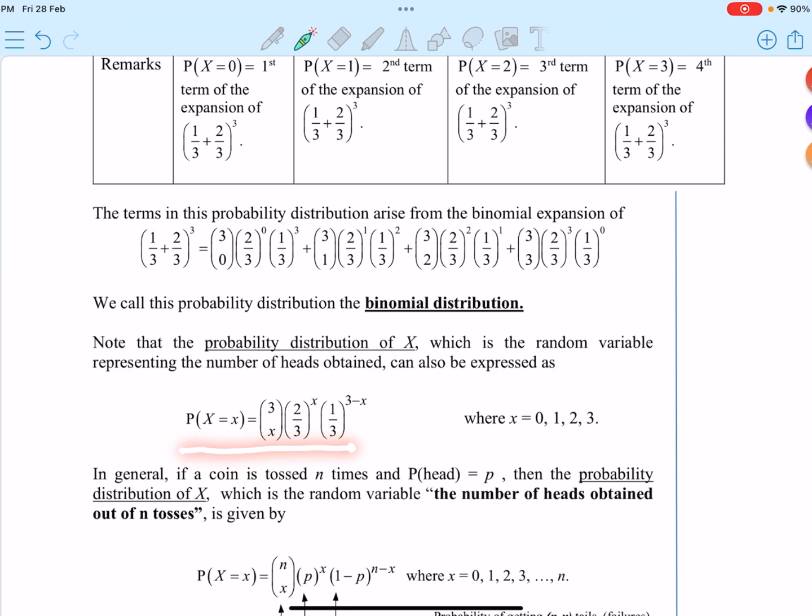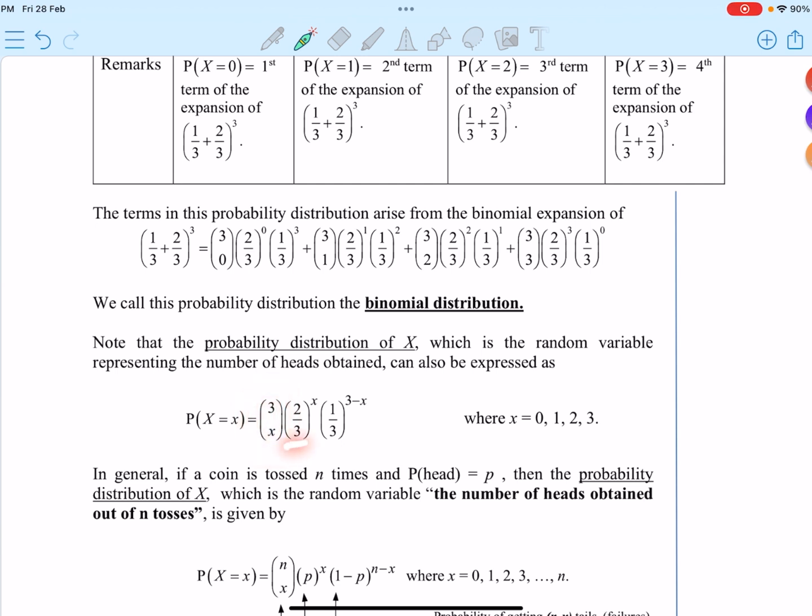It is read as the probability of the random variable x taking a specific value of x is equal to this form, where 3 choose x means the number of ways of getting x hits out of 3 tosses.